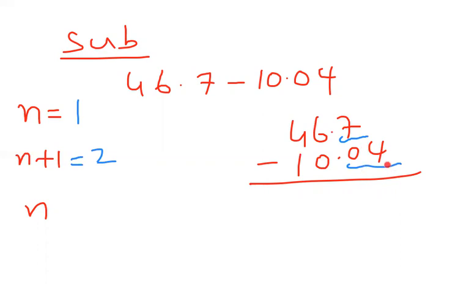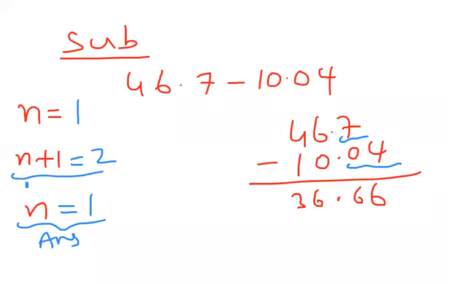Now you can subtract. So 46.7 minus 10.04. What we are going to get after subtraction is 36.66. But remember, the answer what you have to get is, again, 1 only. This is always n in the answer. This n is remaining, rounding off remaining numbers.